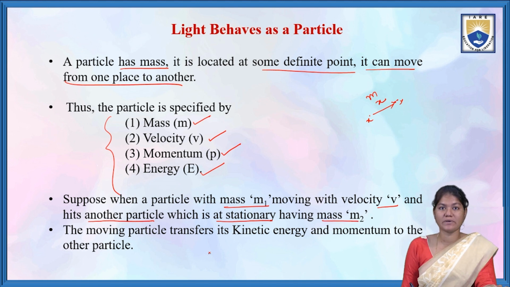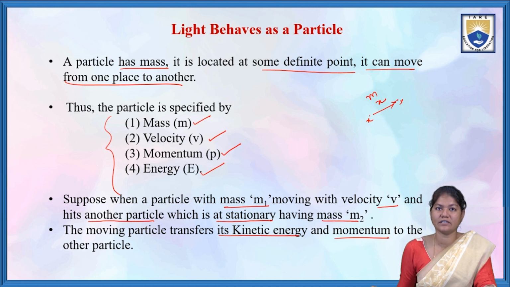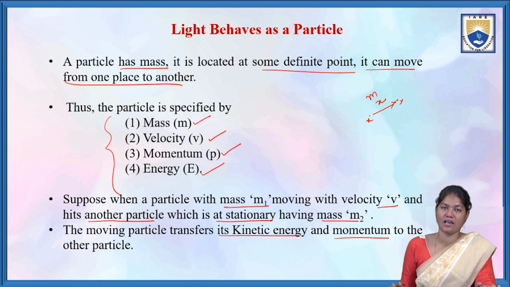So the moving particle transfers its kinetic energy and momentum to the other particle. Here a particle having mass m1 with velocity v is moving and hits another particle which has mass m2 and is at rest.